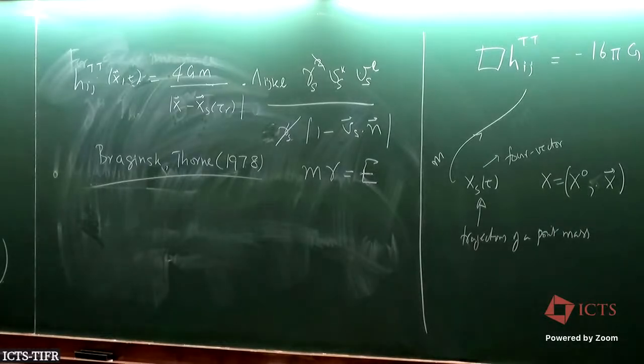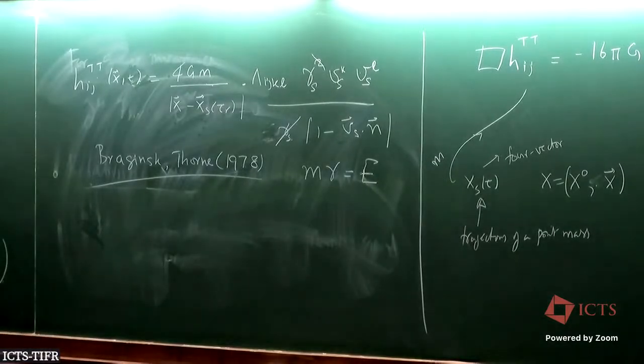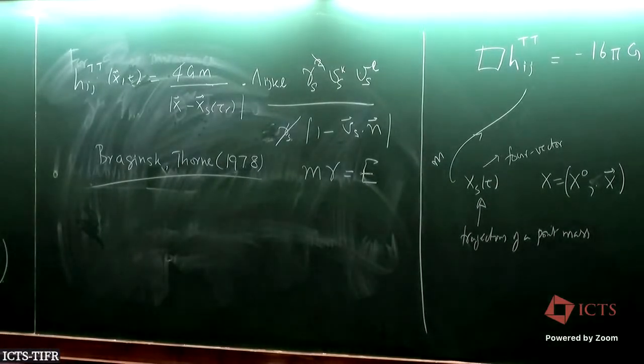So let's talk about an example. This is a real example which people have actually calculated and predicted as a signal: gravitational waves from GRB jets, or any jet for that matter.